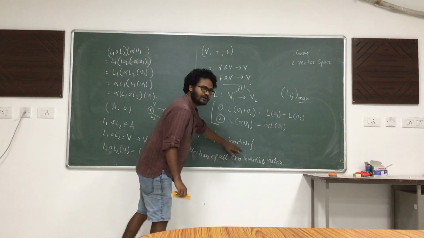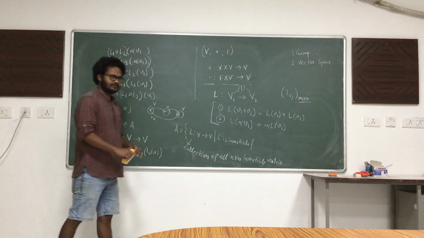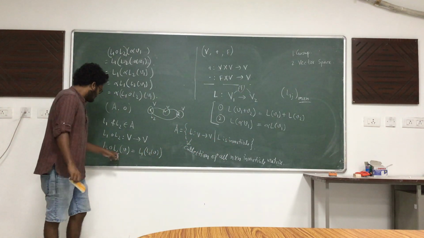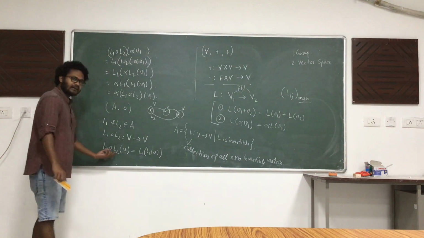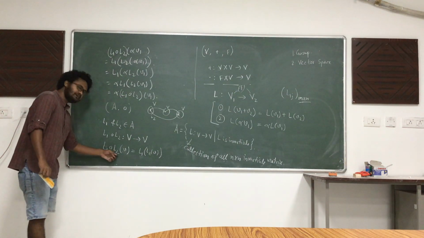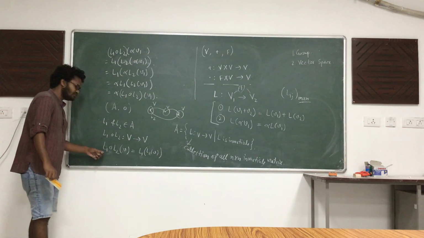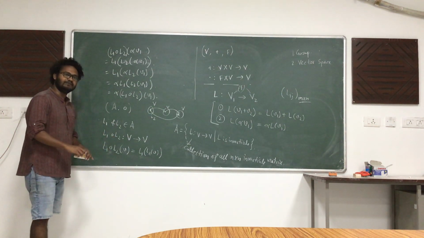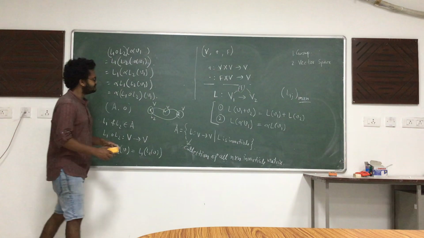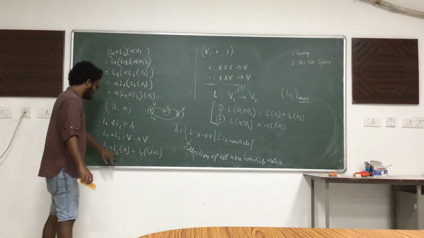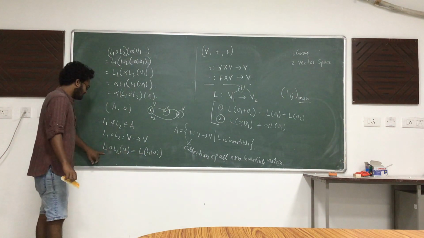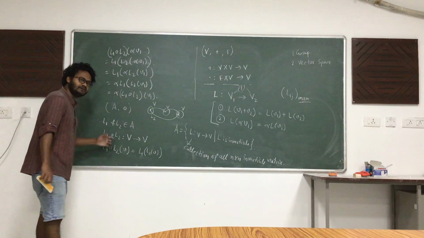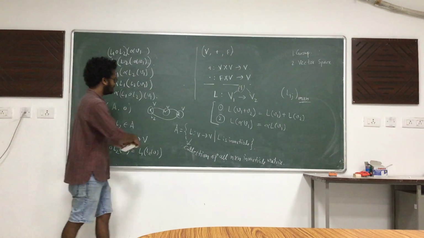The second thing that we have to check is invertibility. That I will not check here, but it can be easily shown that if L1 is invertible and L2 is invertible, then L1 compose L2 is invertible. So that means if this is a bijection and this is a bijection, then the whole thing is another bijection.